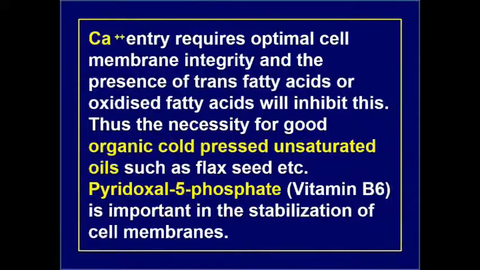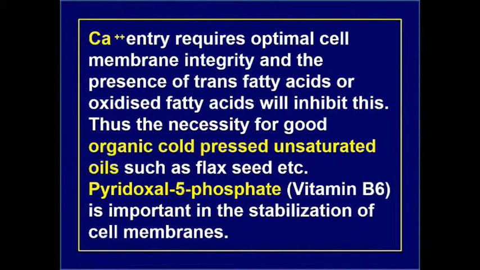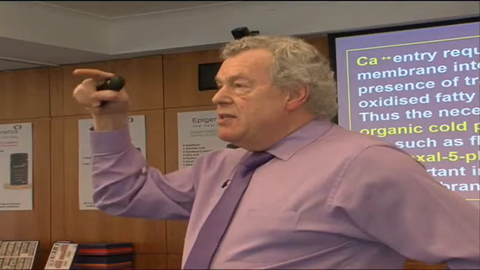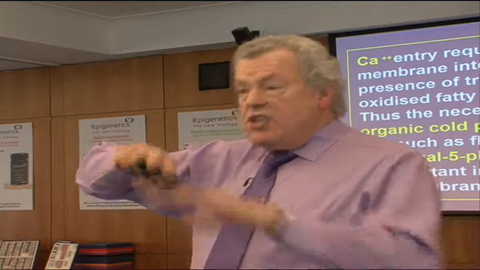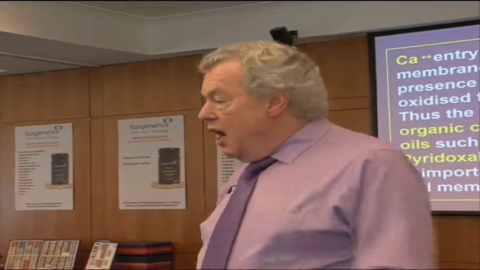Calcium entry requires an optimal cell membrane integrity. That means the cell membrane, or the membrane of the mitochondria, has to be optimal in its consistency. And we know that all cell membranes are made of oils, aren't they? They're phospholipids is the word. And the phospholipid in cells is slightly different one cell to another.